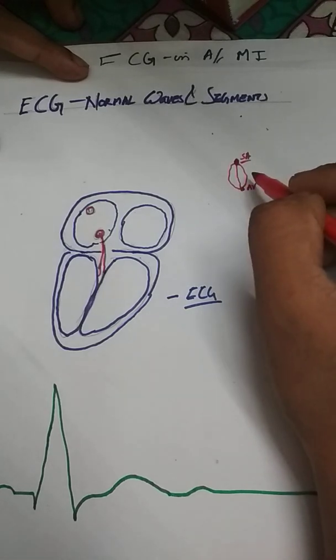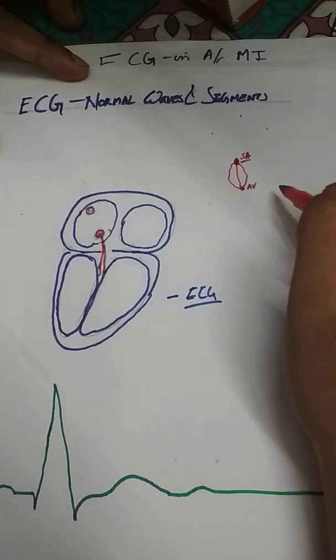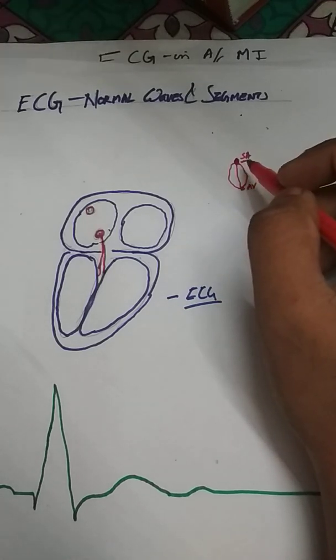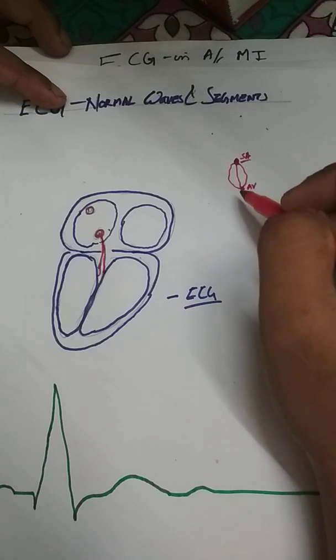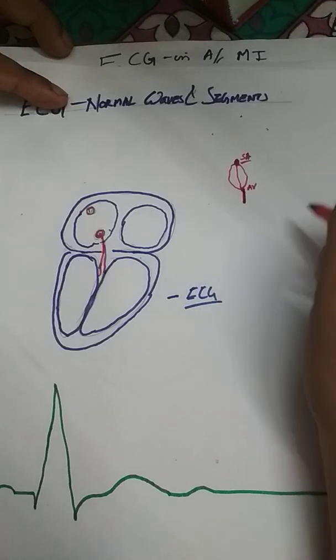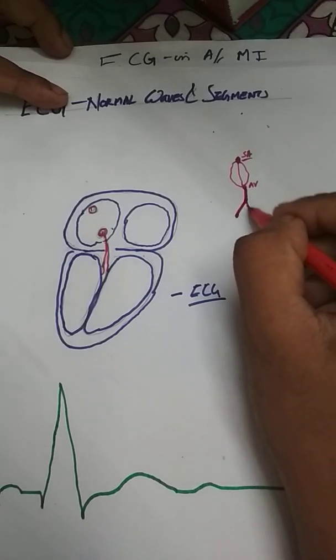The anterior is called the tract of Bachmann, the middle one is called the tract of Wenckebach, and the posterior one is called the tract of Thorel. Through these tracts the impulse reaches the AV node, and following the AV node there is the bundle of His, which divides into right and left bundle branches.